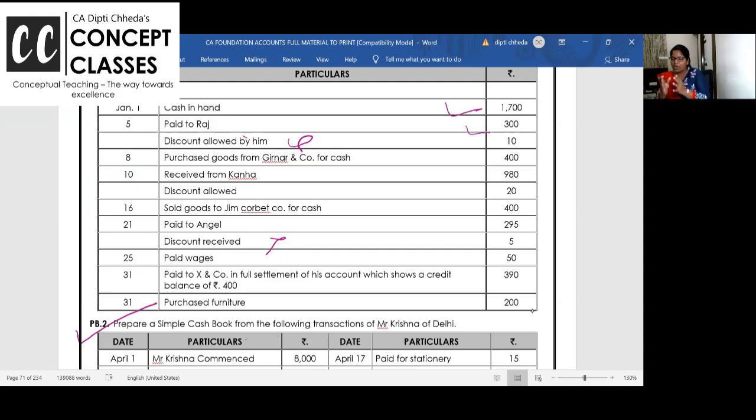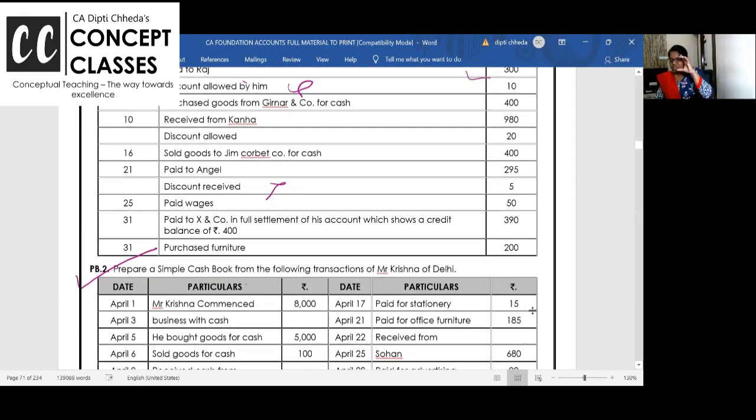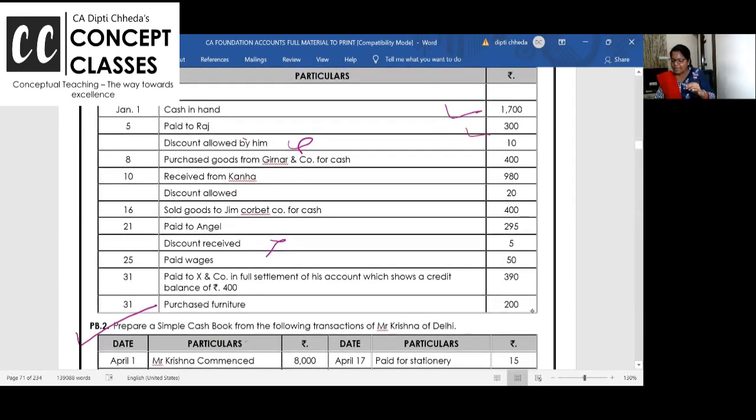And when you do double column, you make one extra column for the discount also, for discount allowed and received.